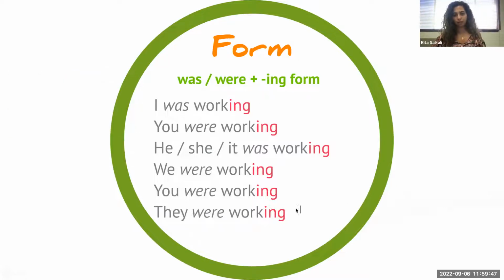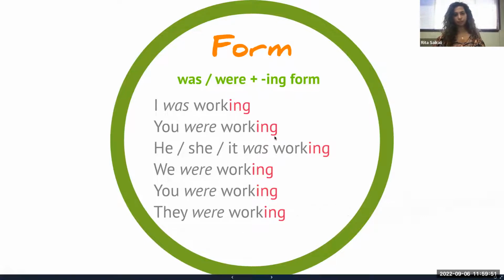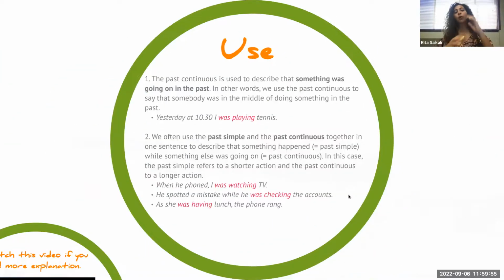All right, clear all my drawings. So when do we use simple, present continuous? So I keep messing this up. When do we use past continuous? We use past continuous to describe something that was going on in the past, but it was interrupted by something else.